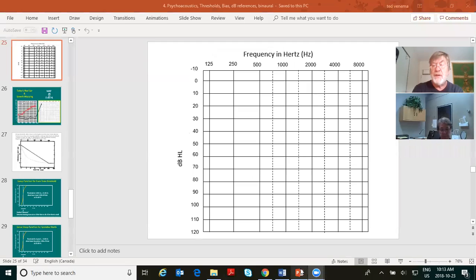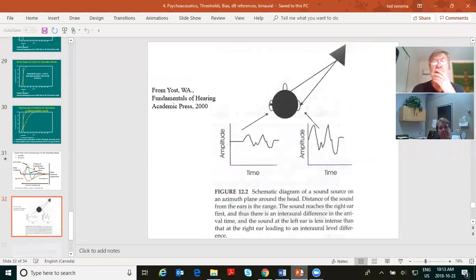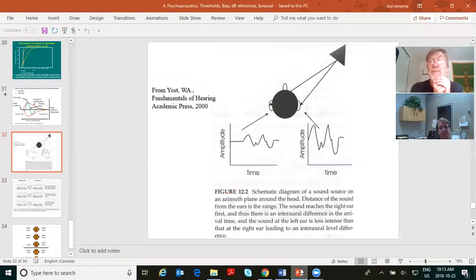Pretty weird, huh? So let's go to your notes here and to your good old PowerPoint. Here's a picture of it. Here's a guy. He's facing the front, and there's sound from a speaker coming from one side. It's a schematic diagram of a sound source on an azimuth plane around the head.